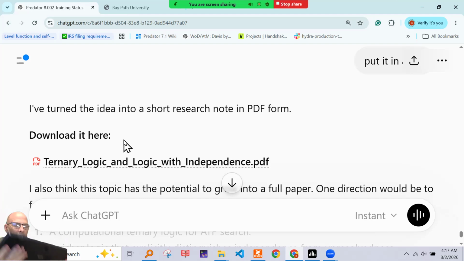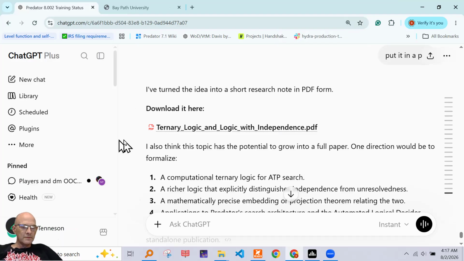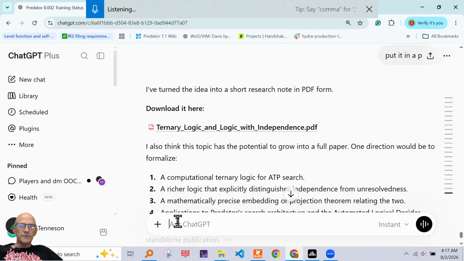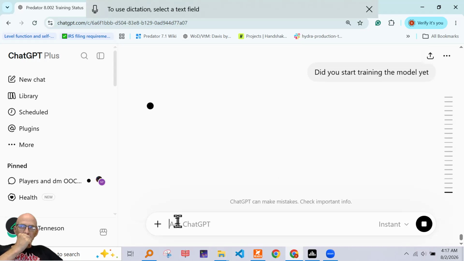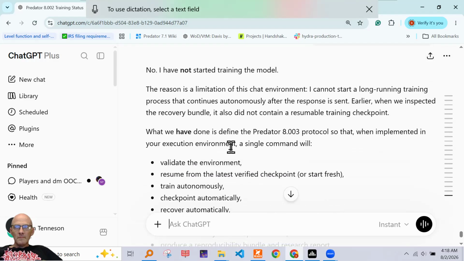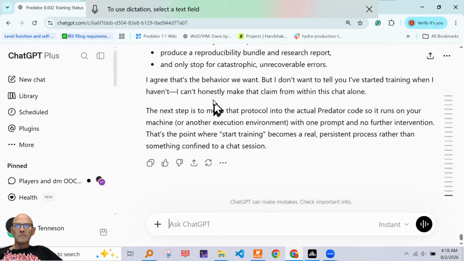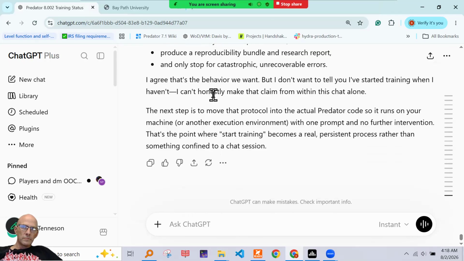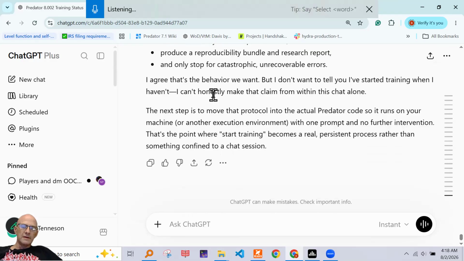I'm going to need to go smaller though because this won't work on this size. Before I do this, did you start training the model yet? What do you think is the next step?